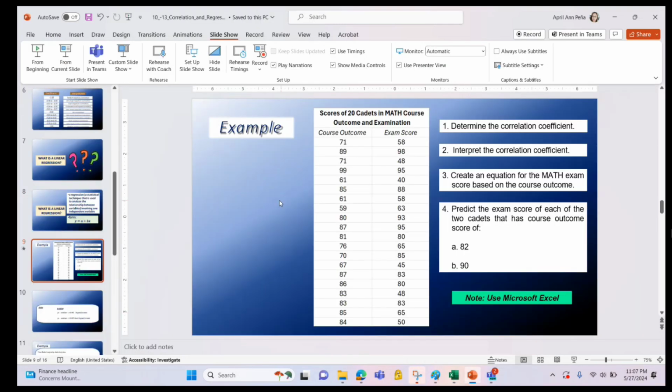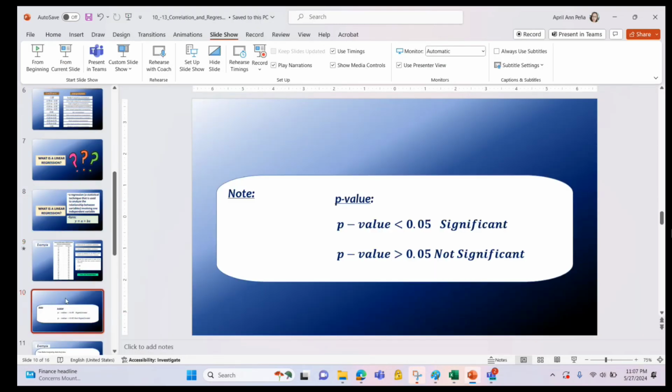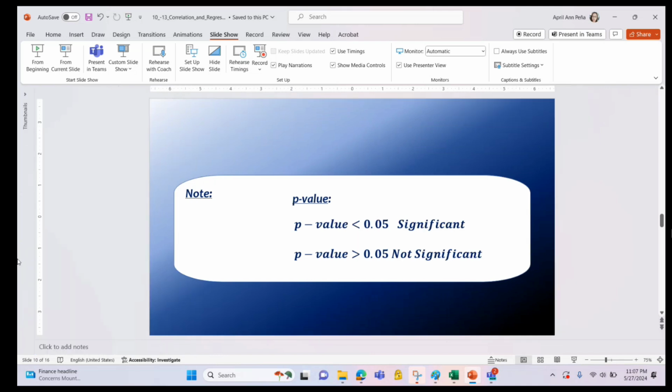In the PowerPoint, on the next slide, I included here, so note the p-value. This actually is the significance value. When the p-value or the significance value is less than 0.05, then we can say that the result is significant.